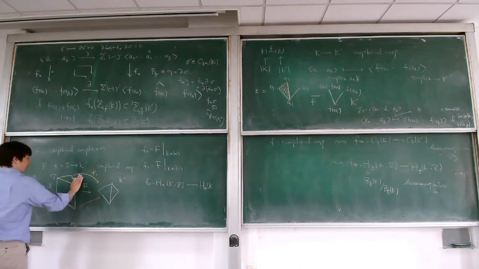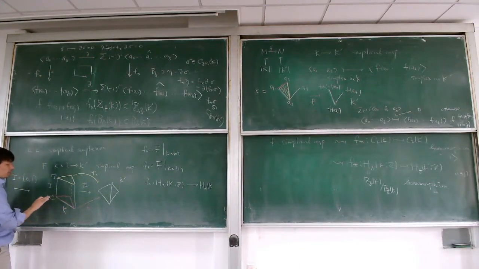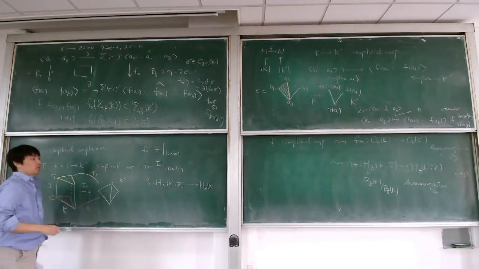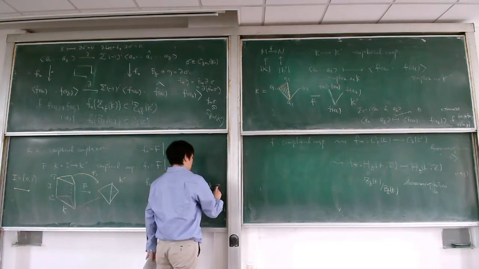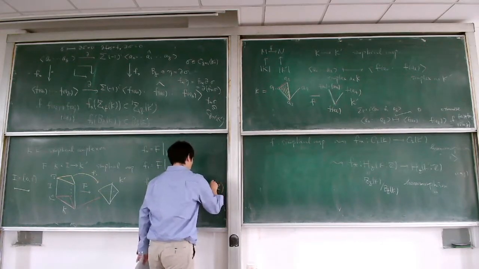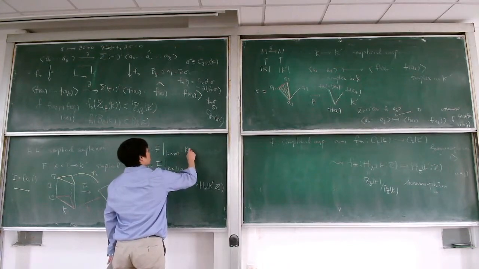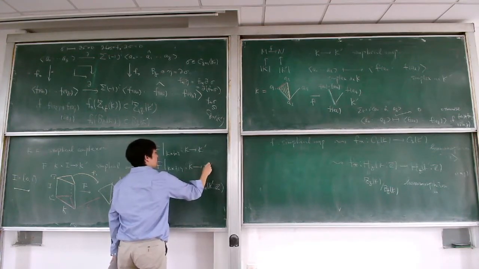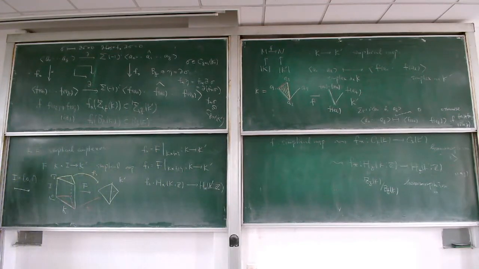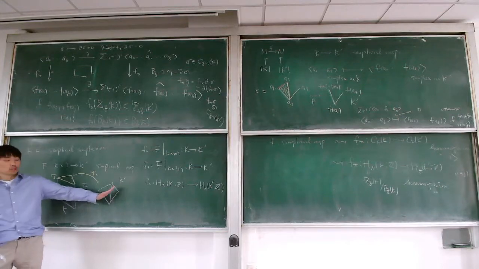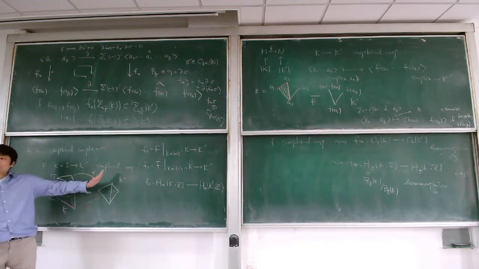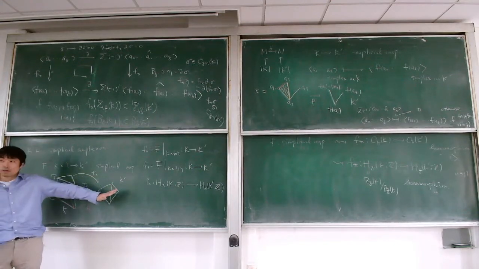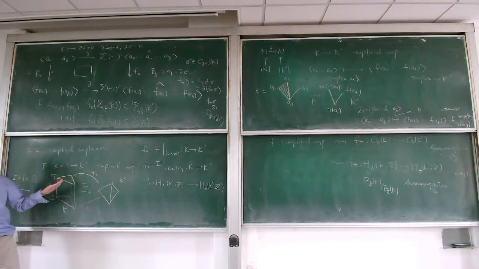So here you have a K. Every slice is a copy of K. So this map takes K to K prime, and it is a simplicial map. F0 and F1 both take K to K prime, from bottom and top, but they can be different maps.